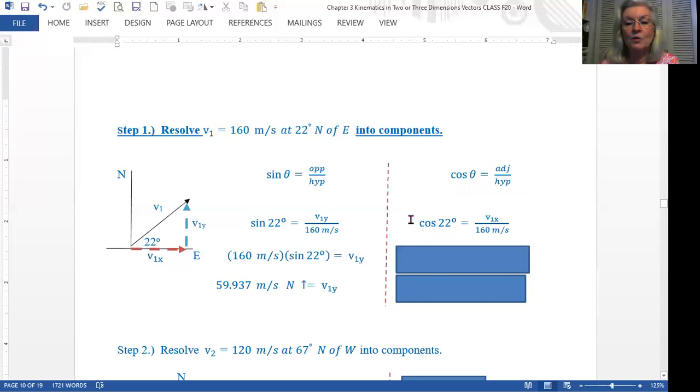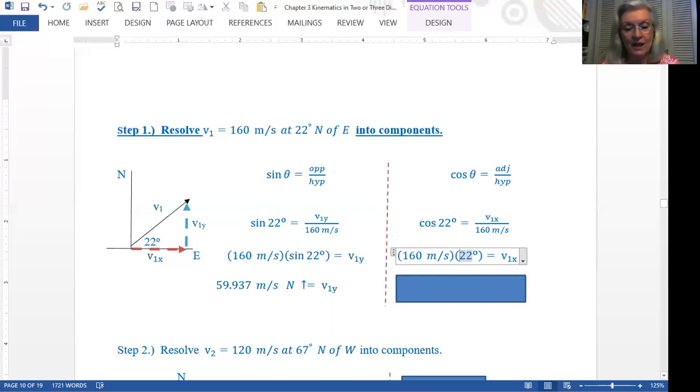So cosine of 22 degrees is going to be equal to v with a 1 and an x as the subscript, and then divided by 160 meters per second. You need to get that 160 out of the denominator. How do we do that? We cross multiply. So 160 meters per second multiplied by, whoops, there is a mistake. I see it. That should say cosine.